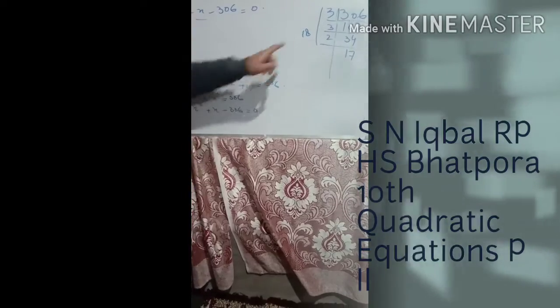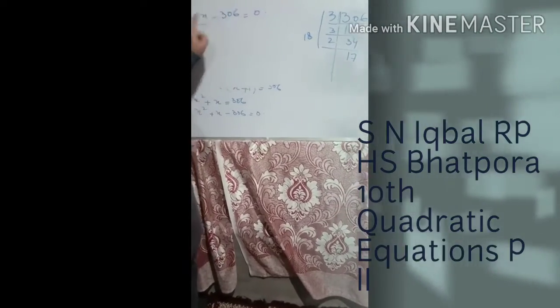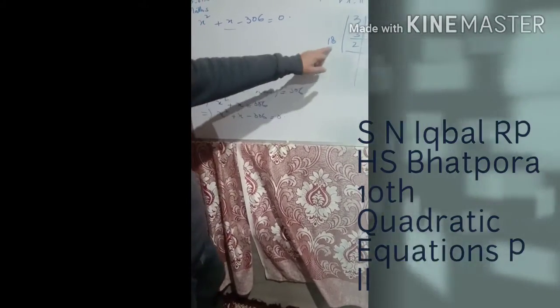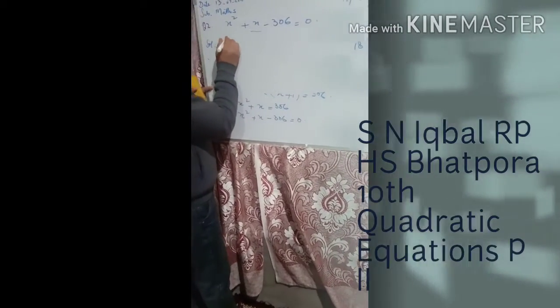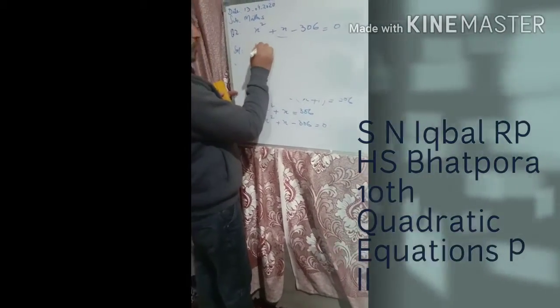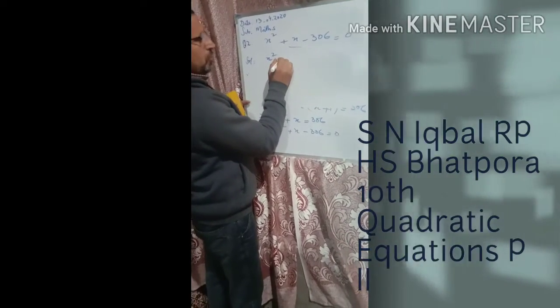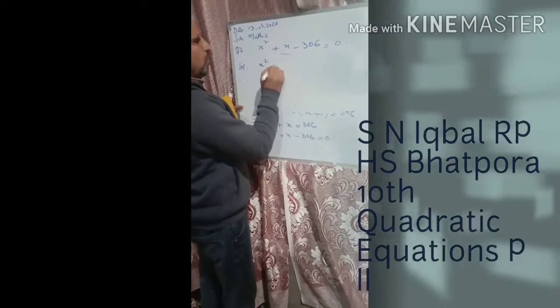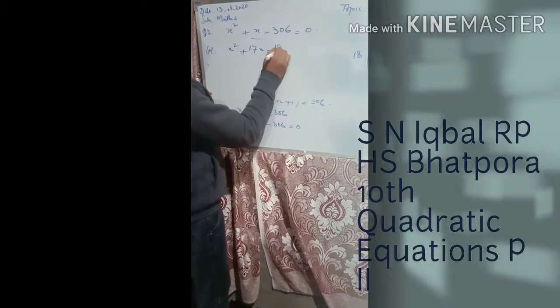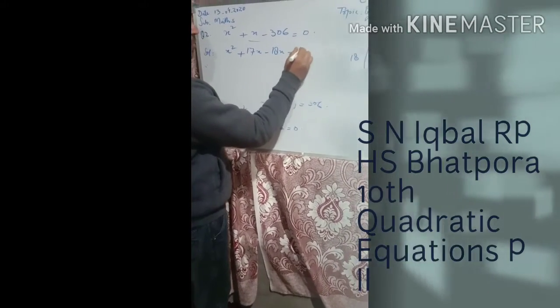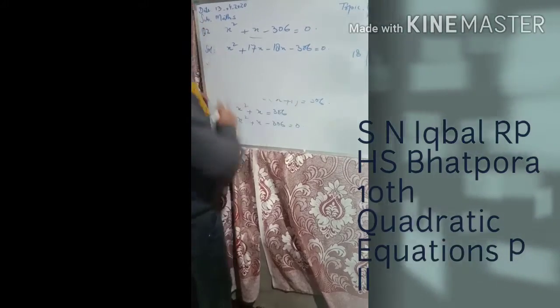If we multiply this 18 with 17, we get 306 x square, and if we subtract these, we get 1x. So the given equation would be x square plus 17x minus 18x minus 306 is equal to 0.